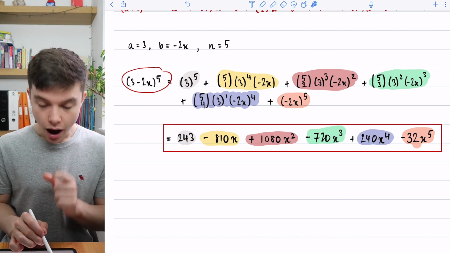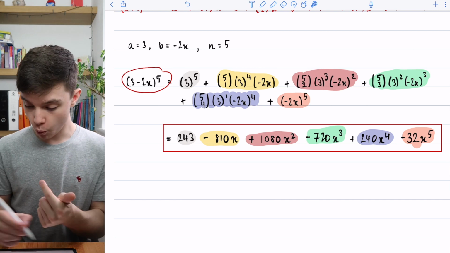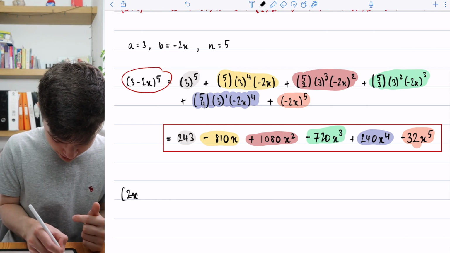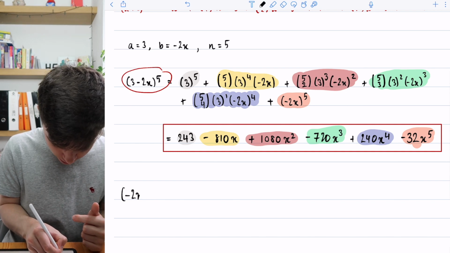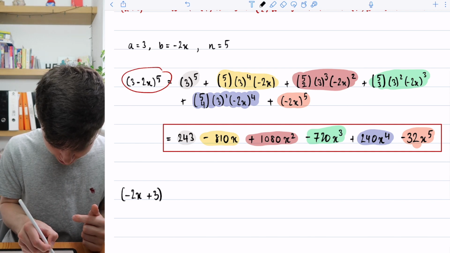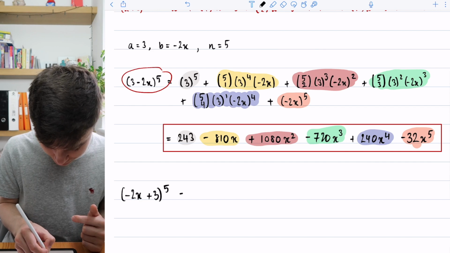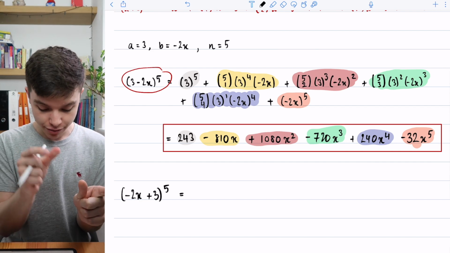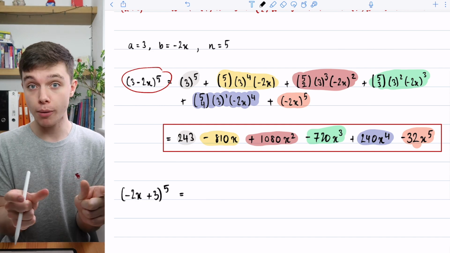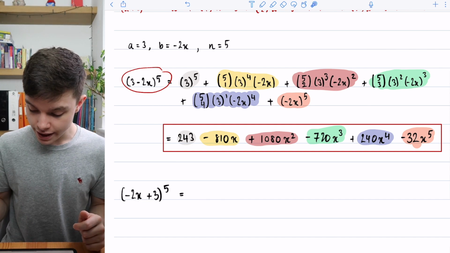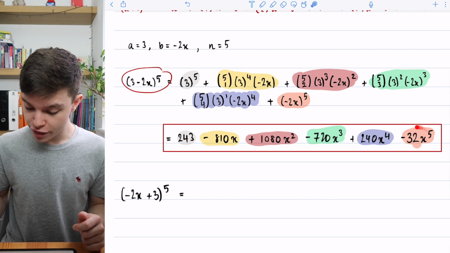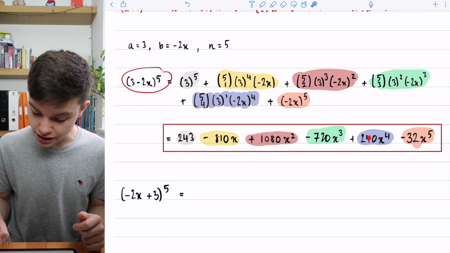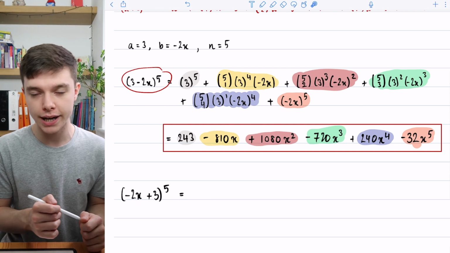We can see also, if you were to do this the other way, so if you were to expand minus 2x plus 3, if you were to expand it like that and use minus 2x as your a value and 3 as your b value, you would just get the exact same expansion, but this would be your first term, this would be your last term, and it would decrease in x power each time.